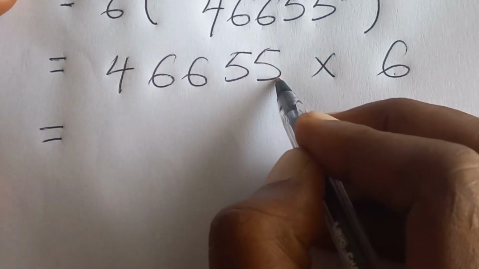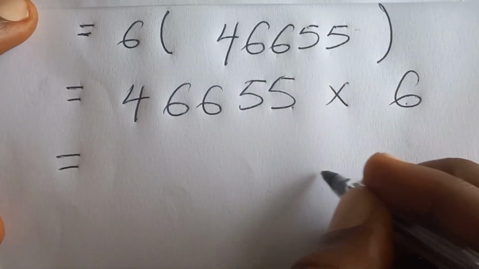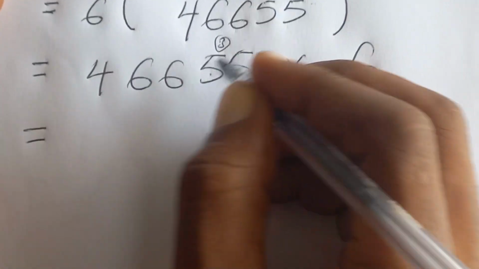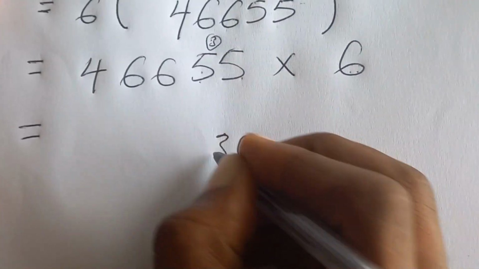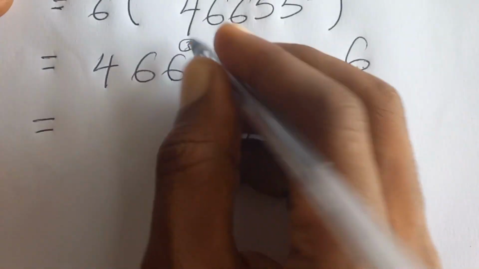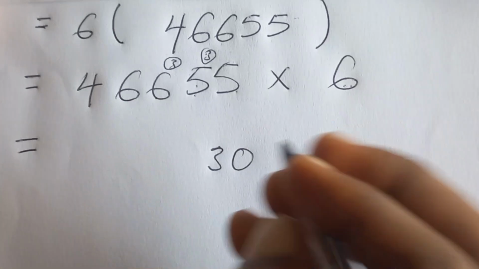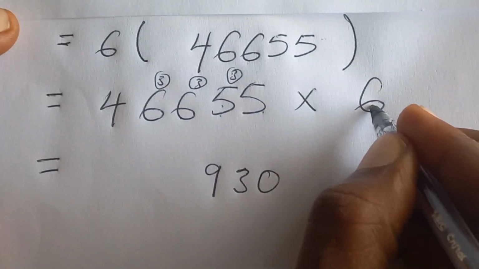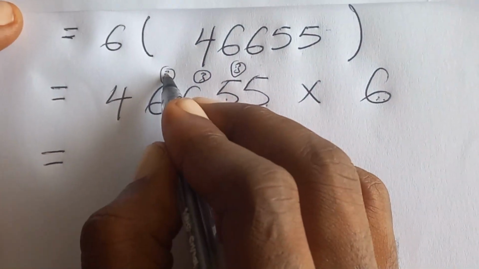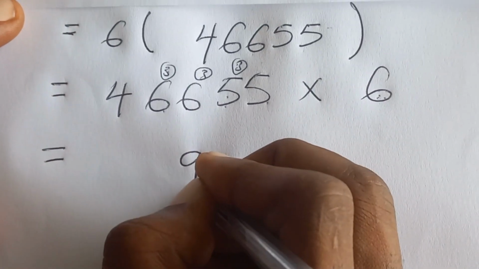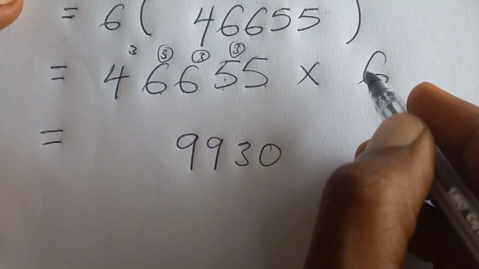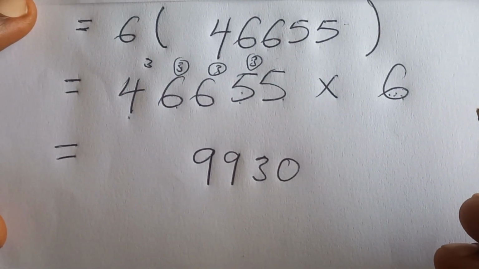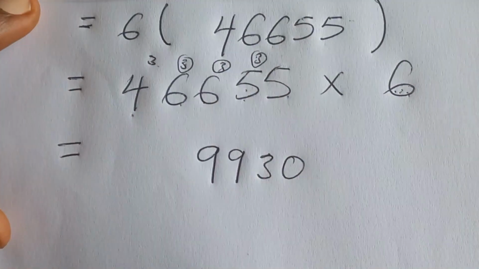So 6 times 5, we are getting 30, so 0 remainder 3. 6 times 5 is also 30, so 30 plus 3, we have 3 remainder 3. 6 times 6 is 36, plus 3 is 39, so 9 remainder 3. 6 times 6 is 36 plus 3, get another 39, so 9 remainder 3 here. 4 times 6, we are getting 24, plus 3 is 27.